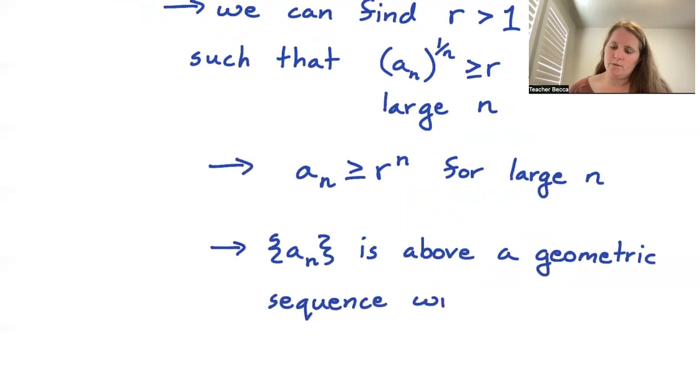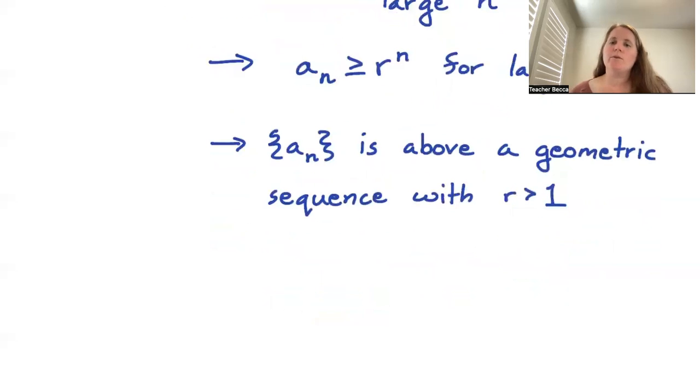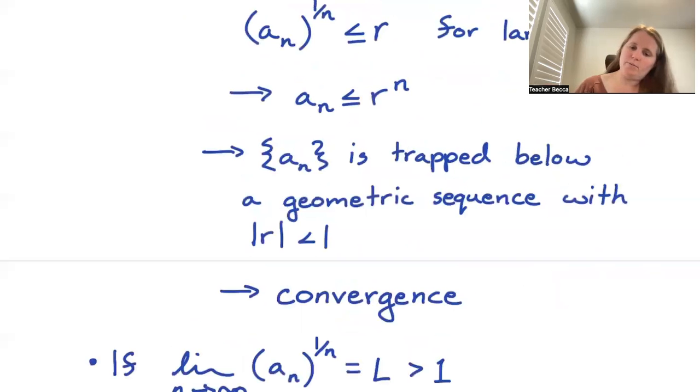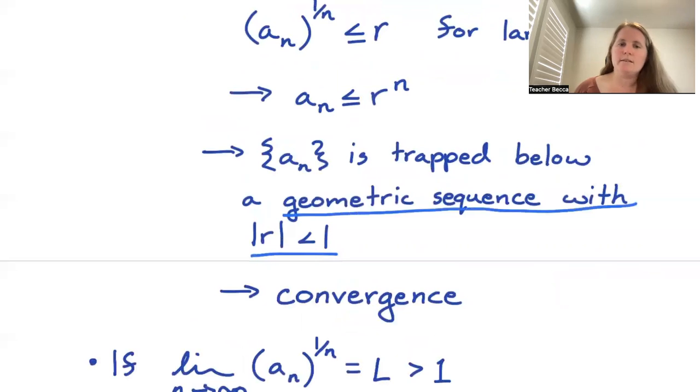with r greater than 1. So a geometric sequence with r greater than 1 diverges. It's trapped above that, so that should also diverge. So again, here we have a sequence trapped below a geometric sequence with absolute value r less than 1, and we know that this converges.